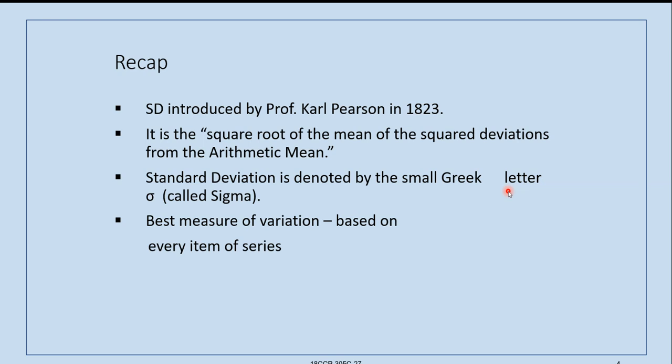And another advantage is the standard deviation is used in many of the statistical measures in applications. Next topic, we are going to deal with the correlation and regression. So these topics are also based on the standard deviation only.